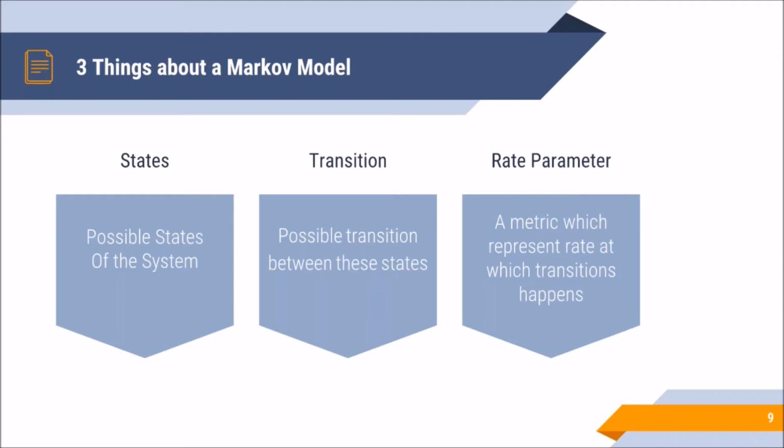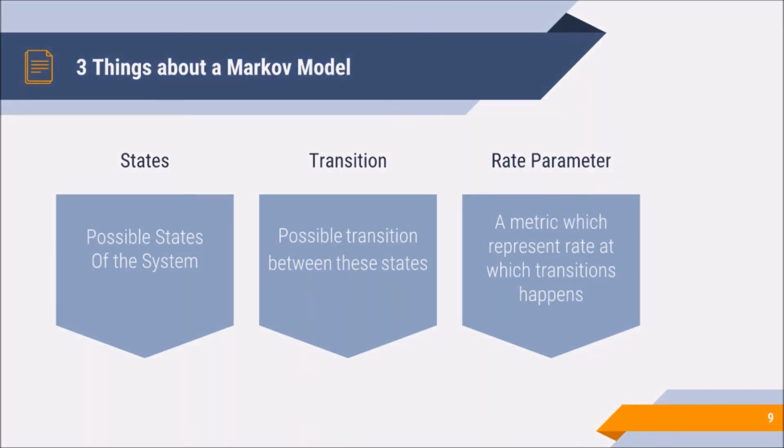For example, if I am at state A, and there are possible paths from A to state B, C, and D, then there are three transitions I can take. And lastly, the rate parameter is a metric which represents the rate at which the transitions happen, or the magnitude of each of the transitions between those states.